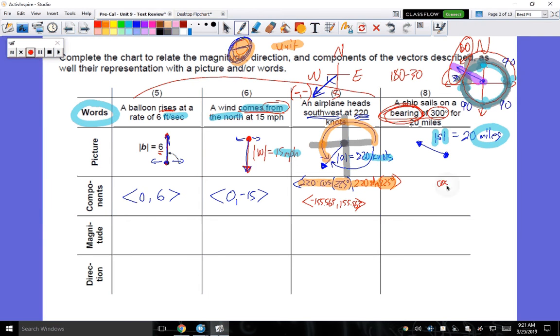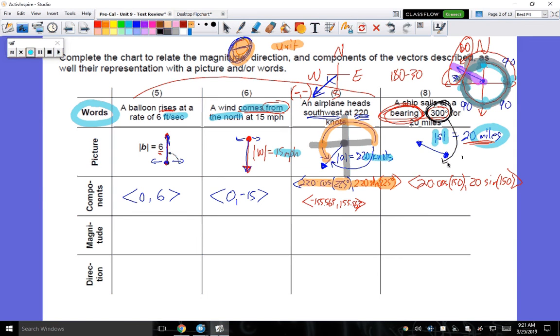So the cosine of 150 degrees this time would be multiplied by the magnitude of 20, and then you'd have 20 times the sine of 150 degrees. Just real quick before I continue, remember that equation to change bearings to rectangular.